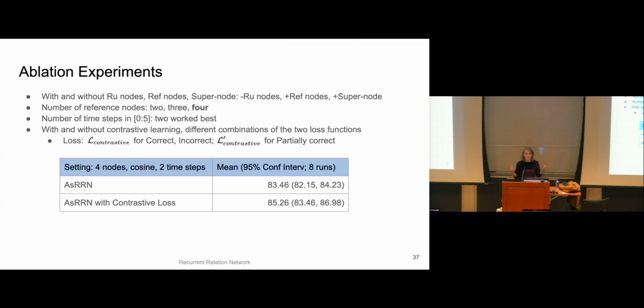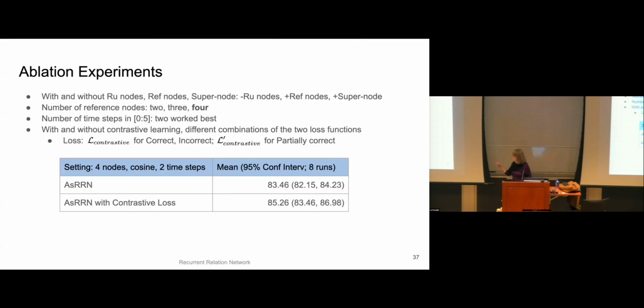They're all distinct ways of being partially correct. They're not paraphrases of each other, and they clearly represent different degrees of approximating a correct answer, but not being quite there. So our best with contrastive loss uses this L prime for the partially correct, which is taking the max similarity node, and the average for correct and incorrect.